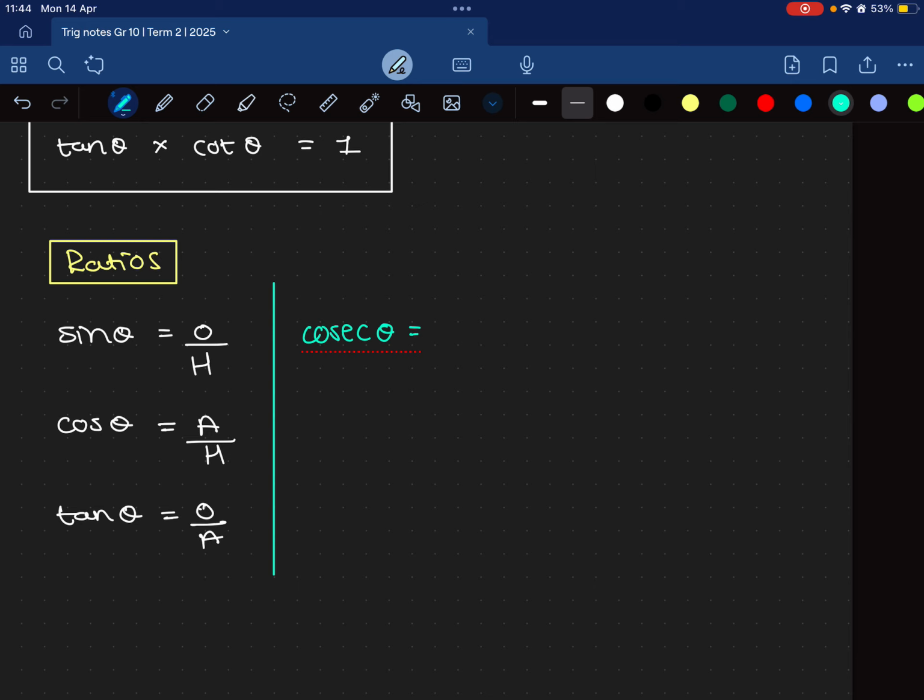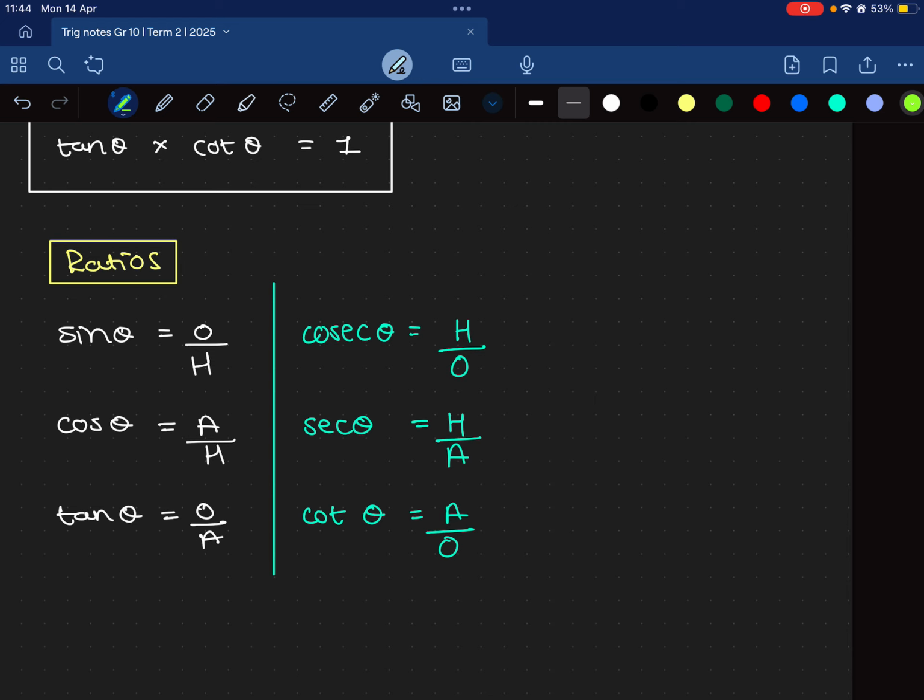So cosec of theta is going to be the fraction flipped, so it'll be hypotenuse over opposite. Sec of theta is hypotenuse over adjacent, and cot of theta is equal to adjacent over opposite.